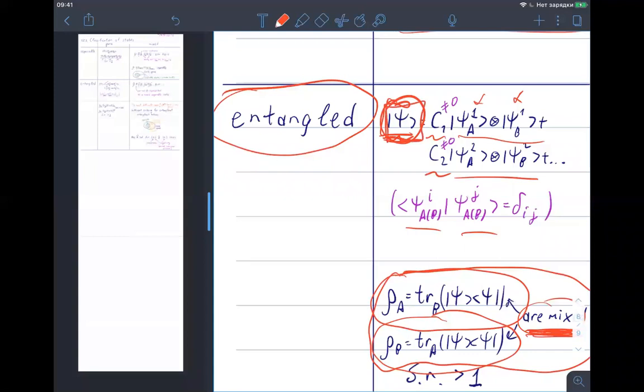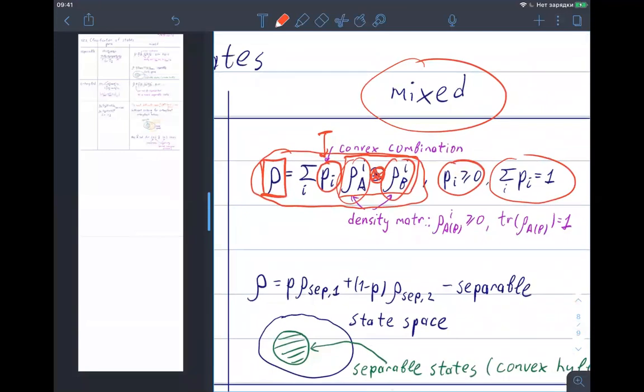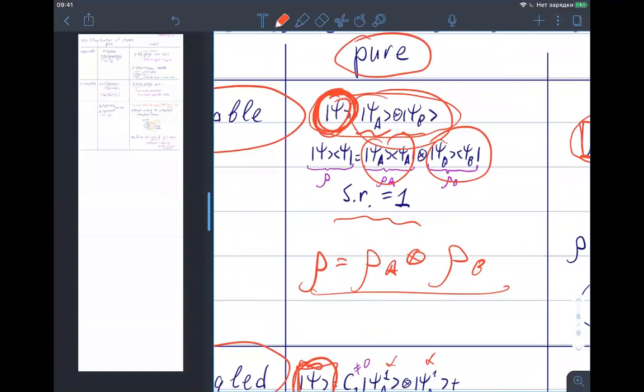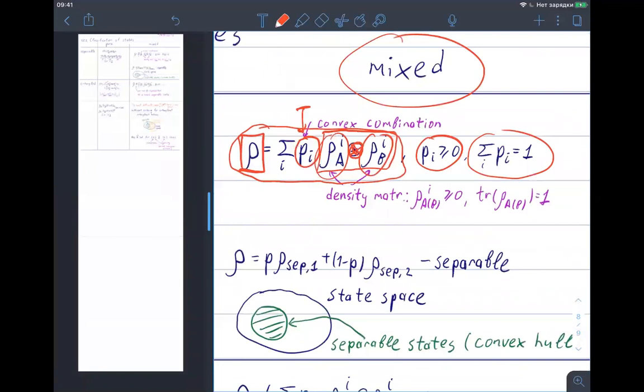It's very important. Here I have some mixed state which is obtained as a mixture of factorizable states, but the state itself is not factorizable. Here I have factorizable states but pure: pure 1, pure 2, and factorization. And here I can have not pure but mixed.